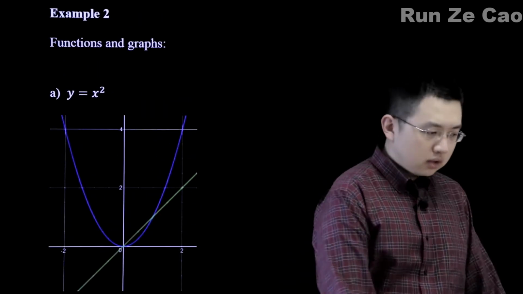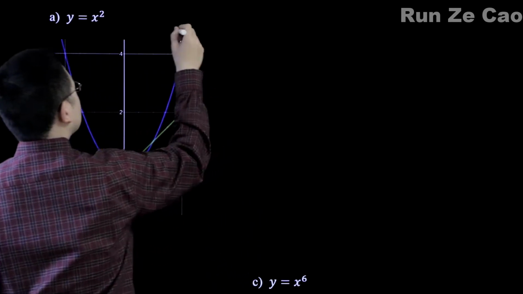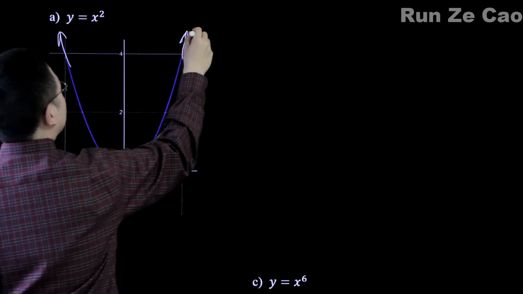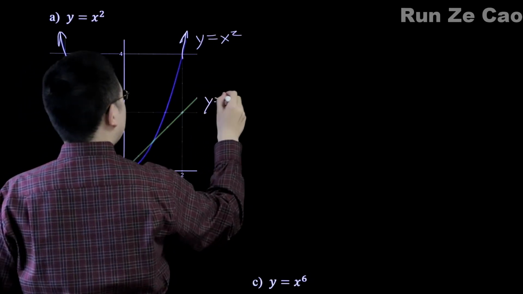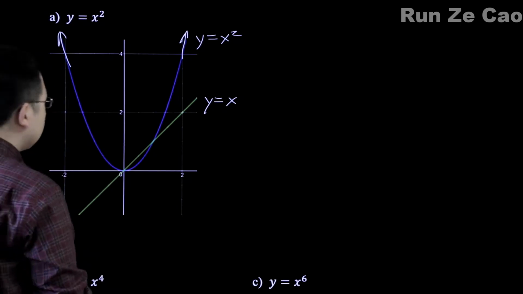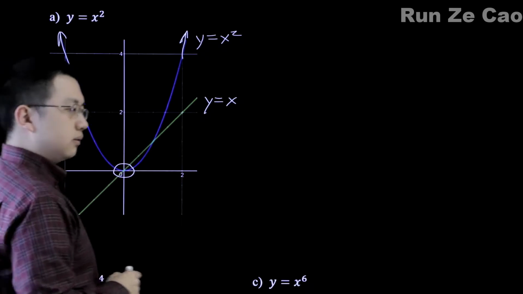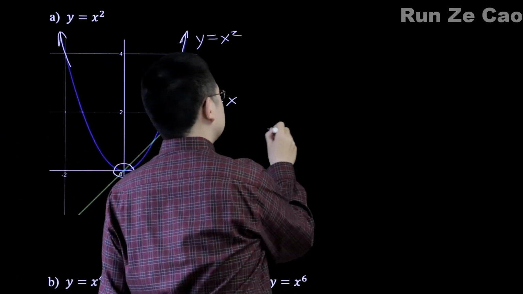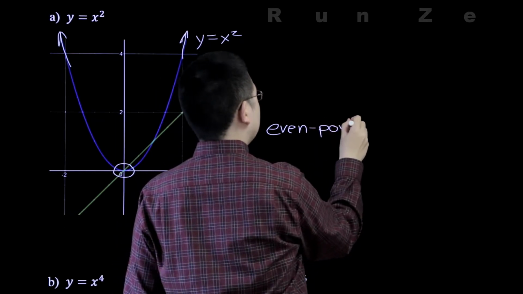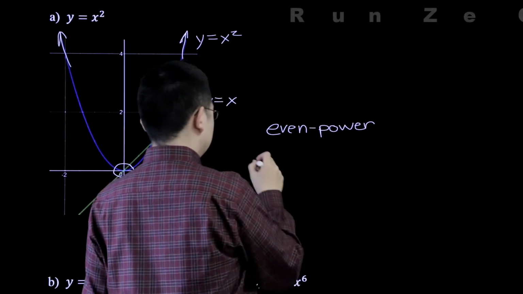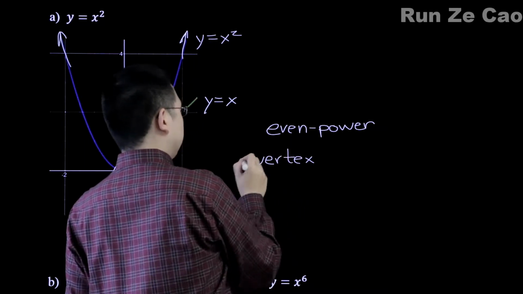So, even functions. Well, clearly we can see that the end behavior is very different for y equals x squared compared to y equals x. And we see that there is a minimum right here. So for even power, we have a vertex.